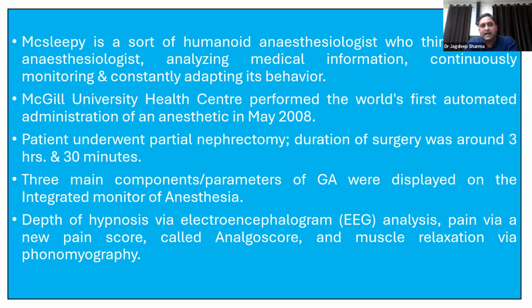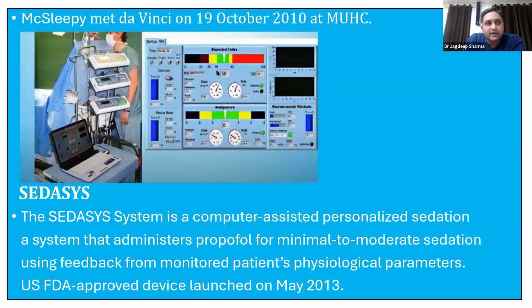This was closed loop administration of anesthesia, in which hypnosis was assessed via the EEG, electroencephalogram, pain via a new pain score called the Algo score, and muscle relaxation via phonomyography.